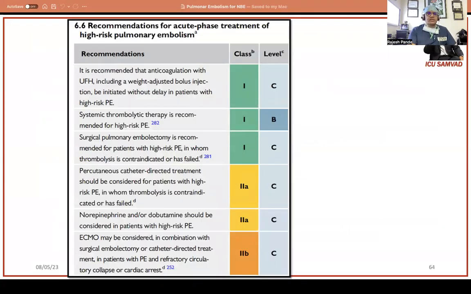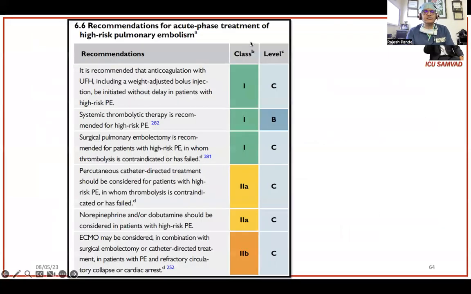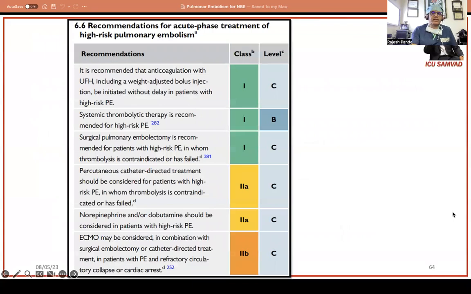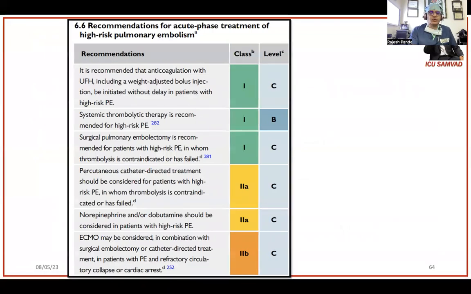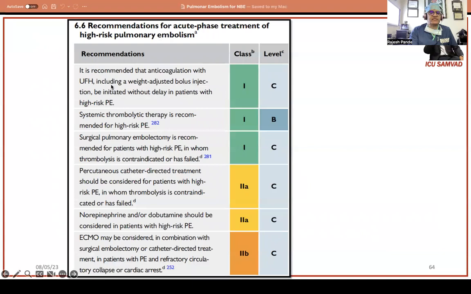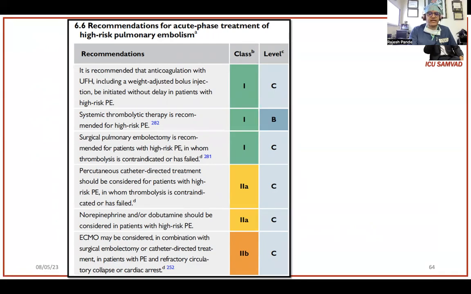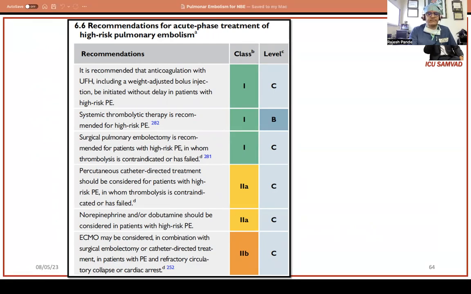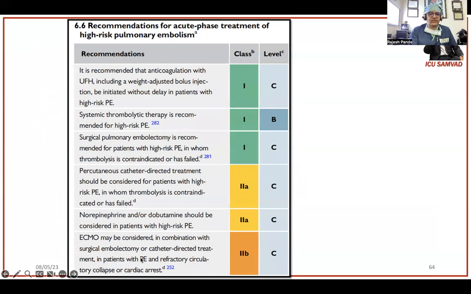So this slide summarizes the issues with all the therapies that are available. Anticoagulation with unfractionated heparin, including weight-adjusted bolus, in patients with high risk; systemic thrombolysis; surgical pulmonary embolectomy in patients with high risk where thrombolysis is contraindicated or has failed; catheter-directed treatment only when thrombolysis is contraindicated or has failed.